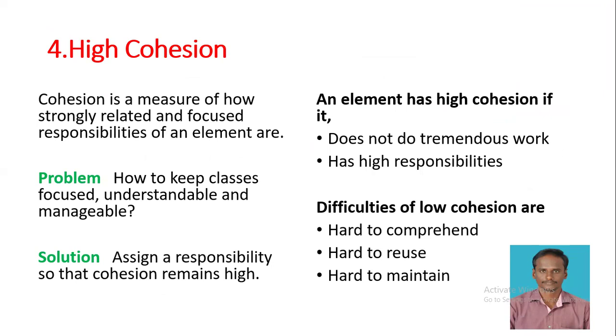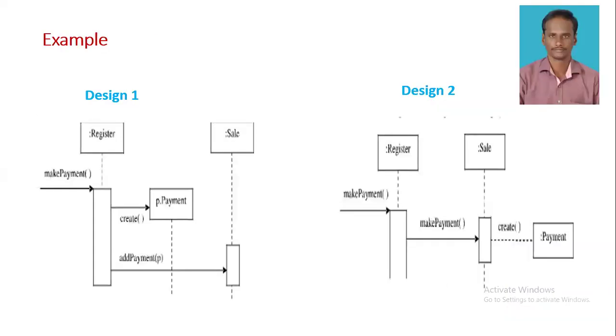The solution is to assign a responsibility so that cohesion remains high. An element has high cohesion if it does not do tremendous work and does not have too many responsibilities. The difficulties of low cohesion are that it is hard to comprehend, hard to use, and hard to maintain.